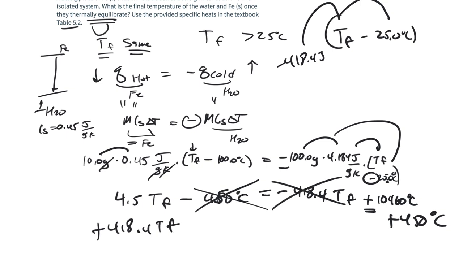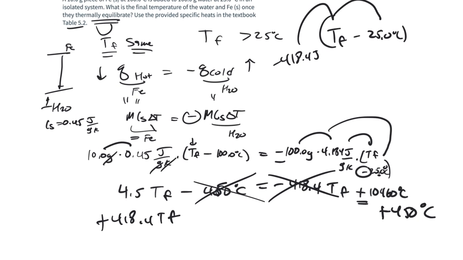And so that should be 422.9 times TF is equal to 10,460 plus 450.